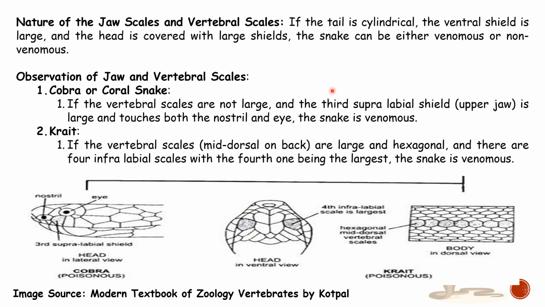The next character we are going to consider is the observation of the jaw and vertebral scales.